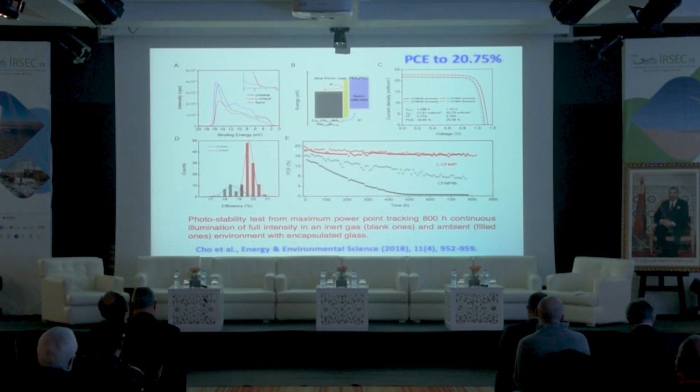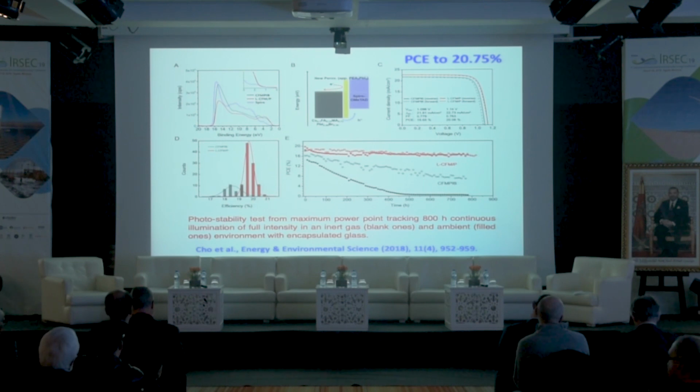The stability is decreasing even though we encapsulate it. Within the first 400 hours, the stability is decreasing significantly. However, if you put it under argon conditions, it's relatively more stable. So the take-home message: we have developed a layer-by-layer deposition technique to enhance the stability of the three-dimensional perovskite by putting the two-dimensional perovskite.